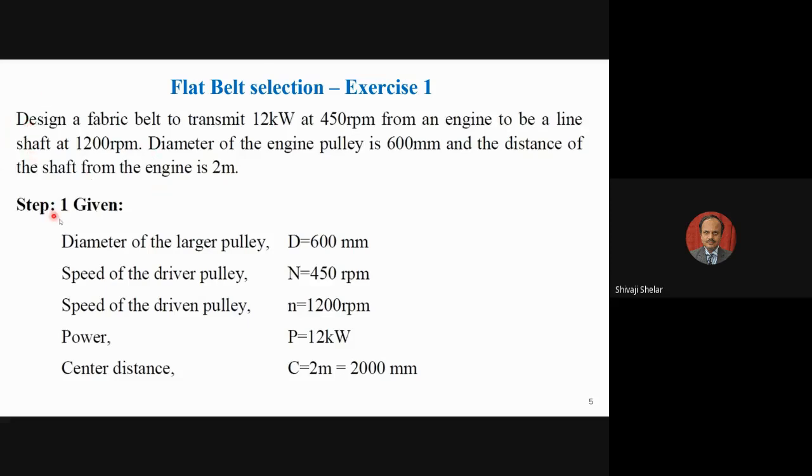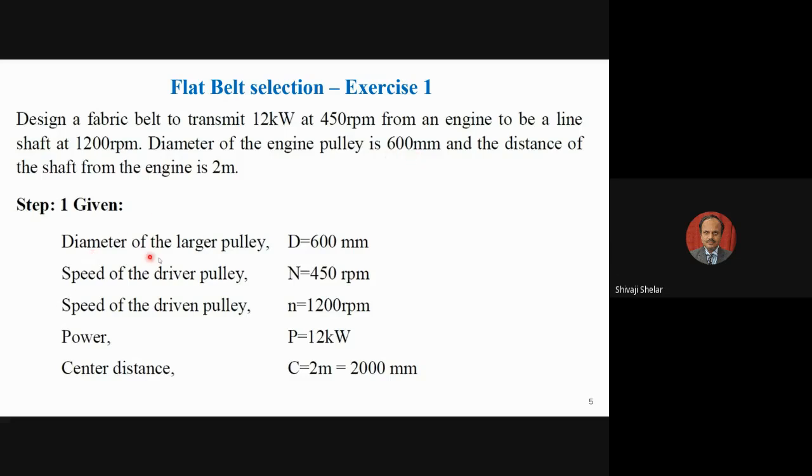So step one: we are summarizing this given data. Since we have been given the diameter of the engine pulley, and the speed of the engine pulley is lesser than the speed of your machine shaft pulley, wherever the speed is lesser, that pulley will be the largest diameter pulley. So in this case, the engine pulley has the larger diameter.